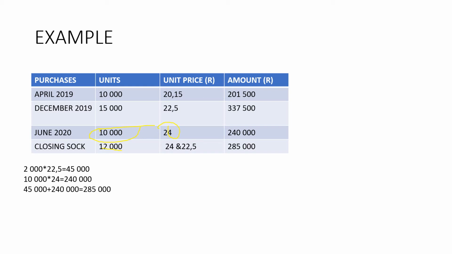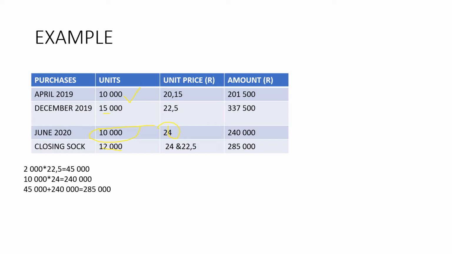Obviously the April 2019 stock, we sold that because the first one in is the first one out, and we sold some of the December 2019 stock, but 2,000 of the December 2019 stock was left. So we add that to the June 2020 10,000 units to get the 12,000 closing stock.